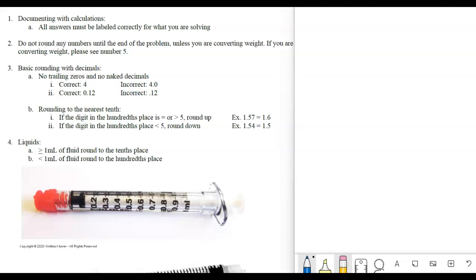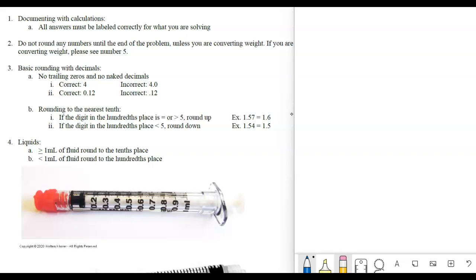If the digit in the hundredths place is equal to or greater than 5, you round up. An example is 1.57, which becomes 1.6. If the digit in the hundredths place is less than 5, you round down. So 1.54 becomes 1.5.